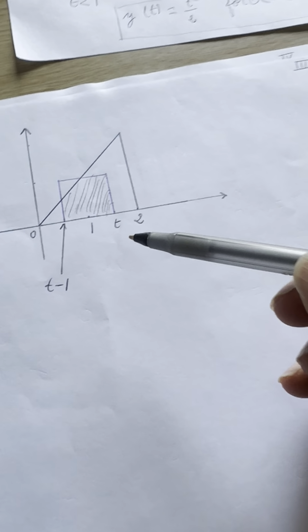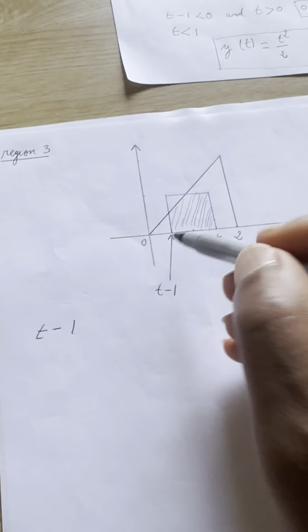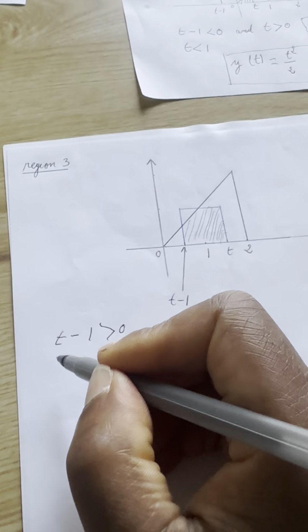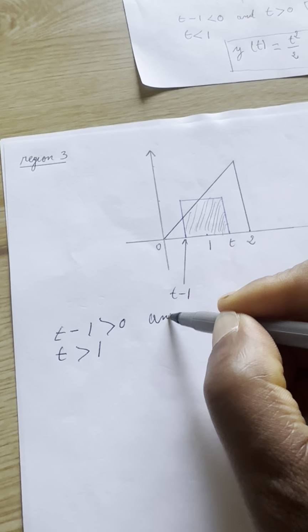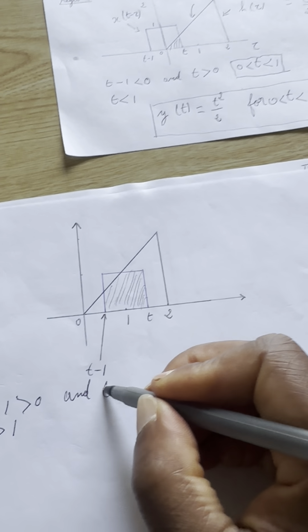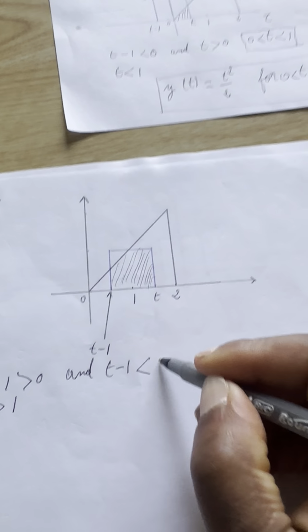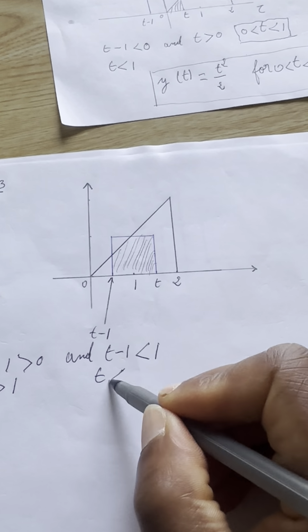Okay, so we can see here t minus 1 is greater than 0, so t is greater than 1, and t minus 1 is less than 1 here, so t is less than 2.